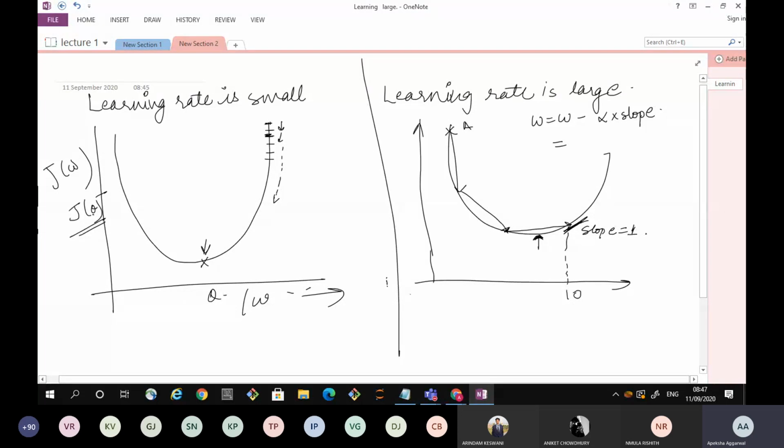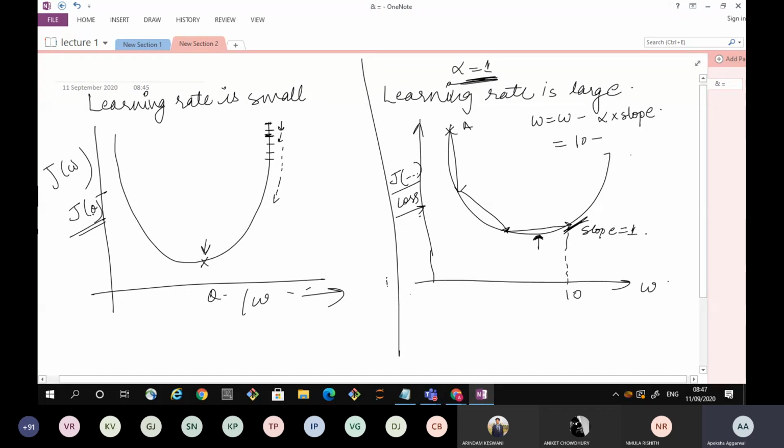On the x-axis is w, and on the y-axis is J(w, b), whatever the loss. The current weight was 10, and let's say I have set my learning rate to 1, which is a very large value.